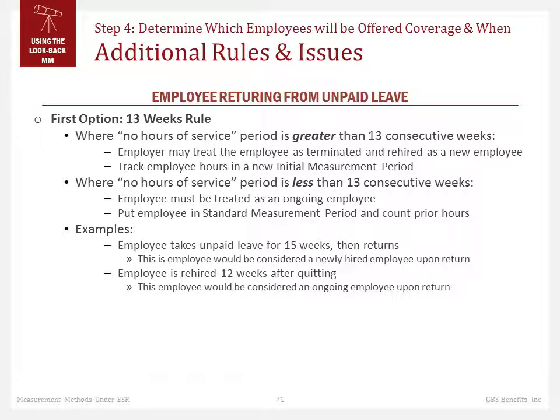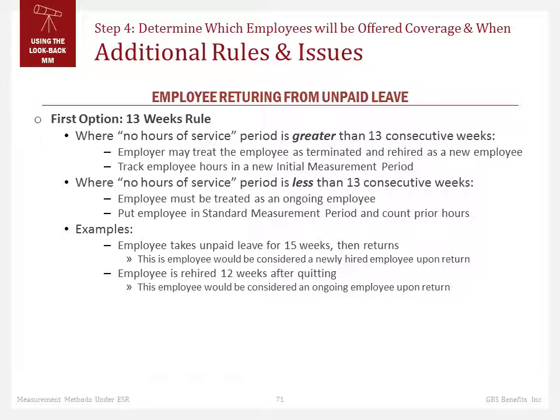So the first option is the 13 weeks rule. So this rule, okay, let me back up. Some of you ask me, well, which rule is better to choose? When you are putting together your step 4 measurement method policy that's written, we have a template. And in that template, you have lots of different choices because you have choices within this whole measurement method, within these measurement method rules.